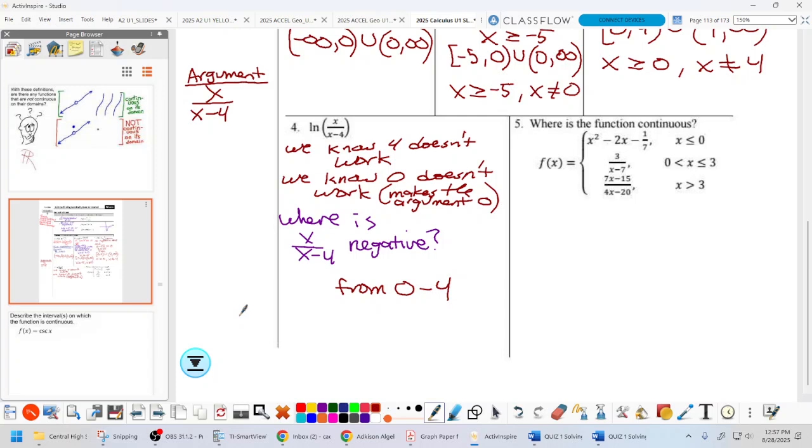And where else? So if you plug in a number, like let's pick 1, 1 over 1 minus 4 would be negative 1/3, right? So we would be negative, except we're not going to include 0 or 4. So between there. Okay, but where else?